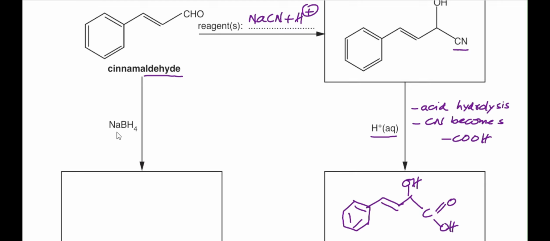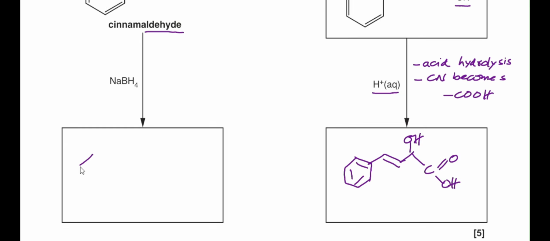Cinnamaldehyde is treated with NaBH4. So this is a classic reduction reaction. You know that when an alcohol, a primary alcohol at that, is oxidized, it becomes aldehyde. And therefore, when an aldehyde is reduced, it will become an alcohol. Drawing the structure here, the aldehyde gets reduced to a primary alcohol.